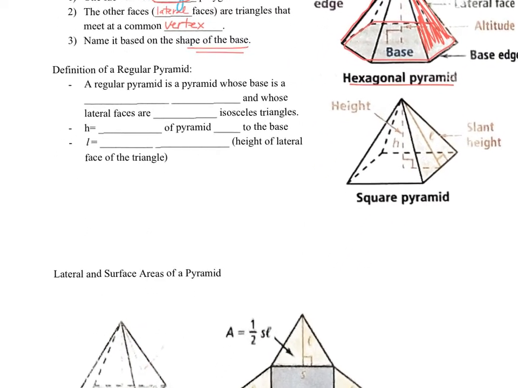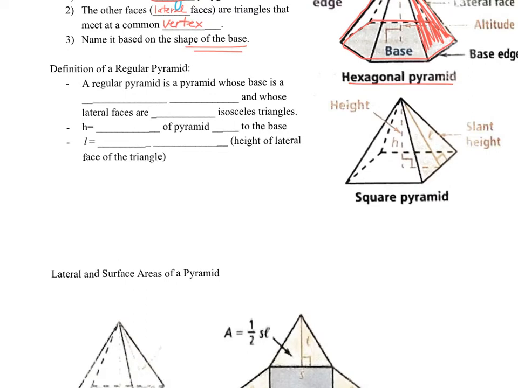All right, a regular pyramid. A regular pyramid is a pyramid whose base is a regular polygon. And we work a lot with regular pyramids. It just kind of simplifies things when everything is the same around it.